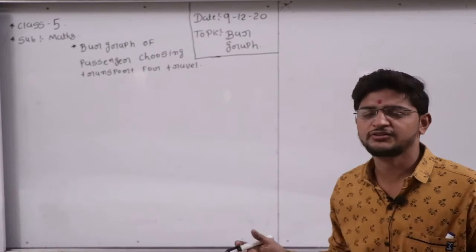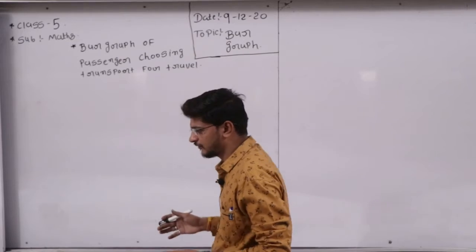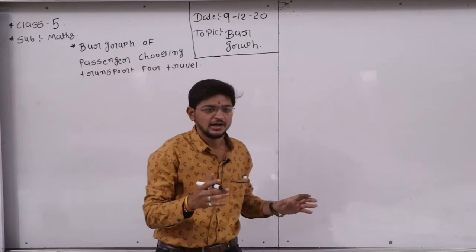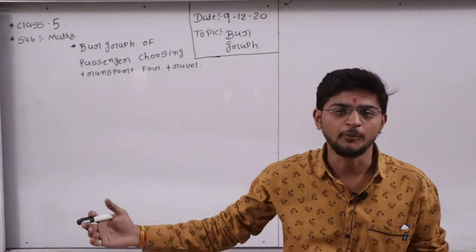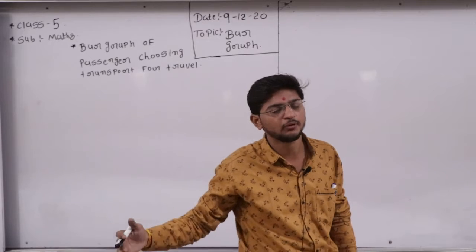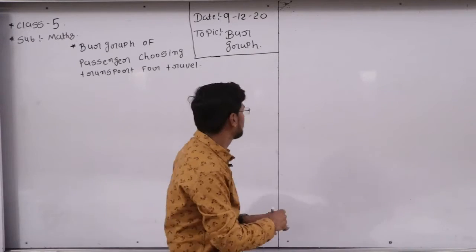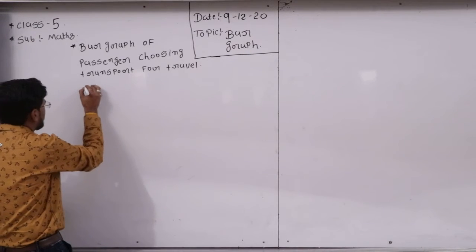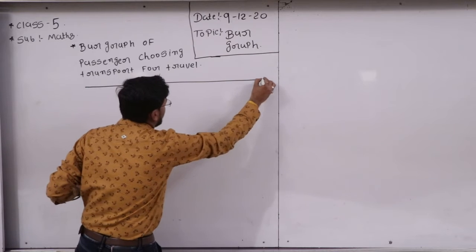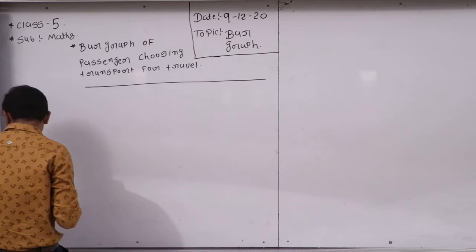First we take the information of how many passengers choose different types of transport. So we draw a table with two columns.